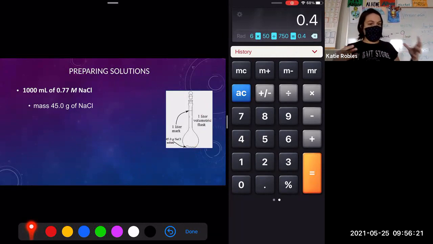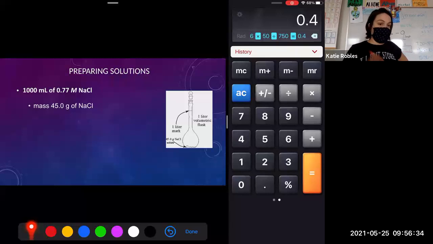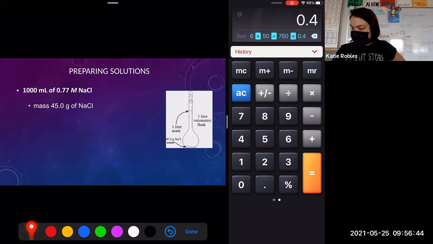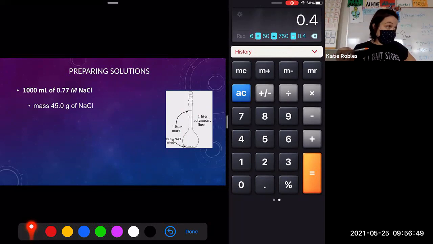When it says you want to make a 0.77 molar solution of NaCl and you've done the math and figured out you need 45 grams, I just want to remind you, it's not 45 grams plus 100 milliliters or 1000 milliliters. Instead, it's 45 grams and then you fill it up to the top, because you want the milliliters of the total solution.